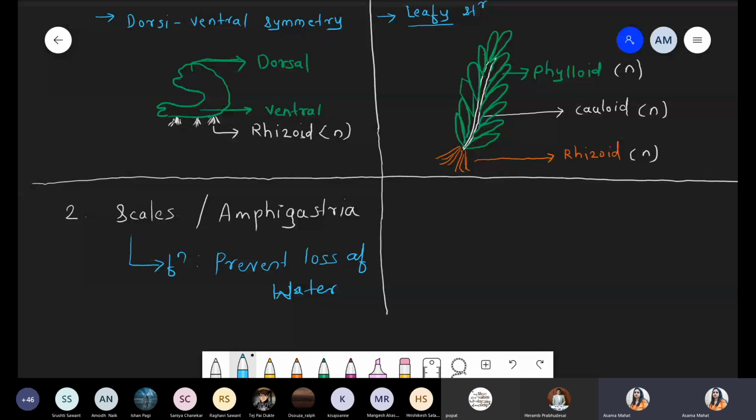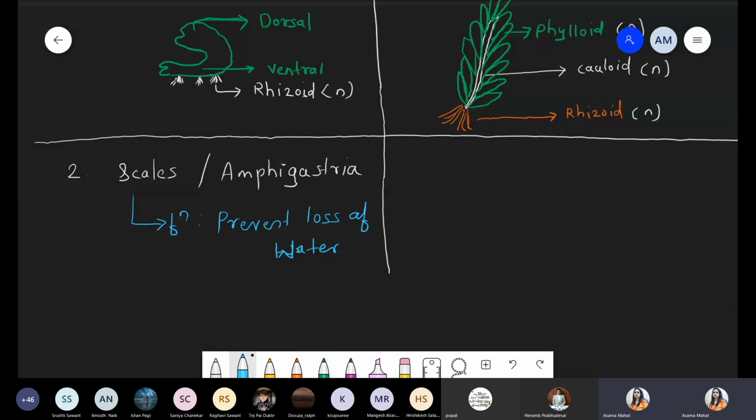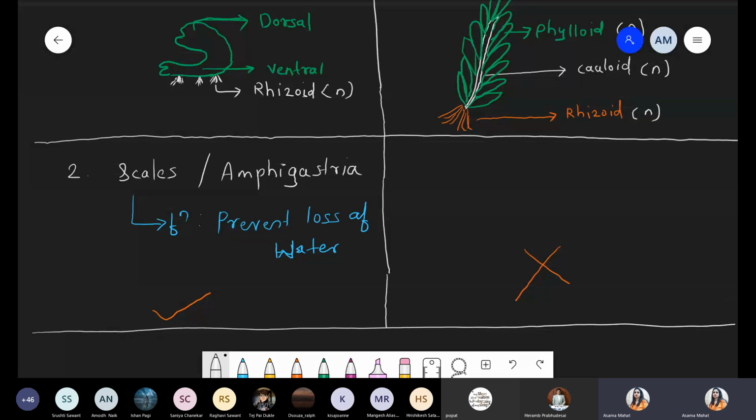This typical structure is present in liverworts, a class under the Bryophyta. So one point with respect to scales: scales or amphigastria function to prevent water loss or retain water holding capacity.